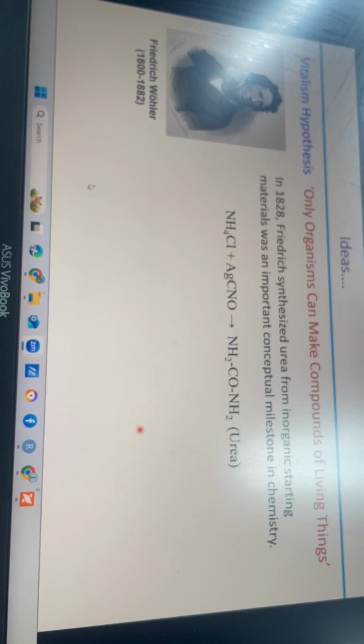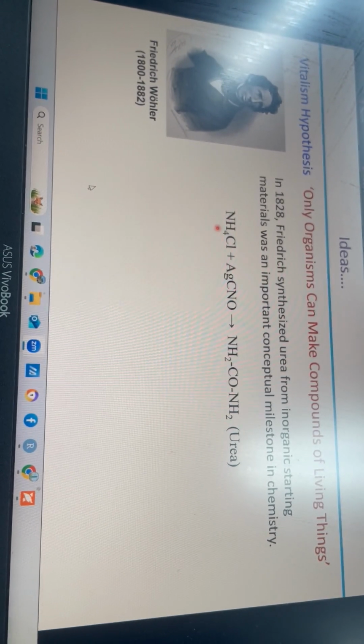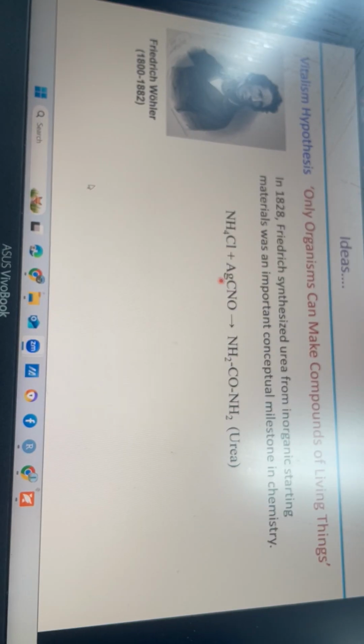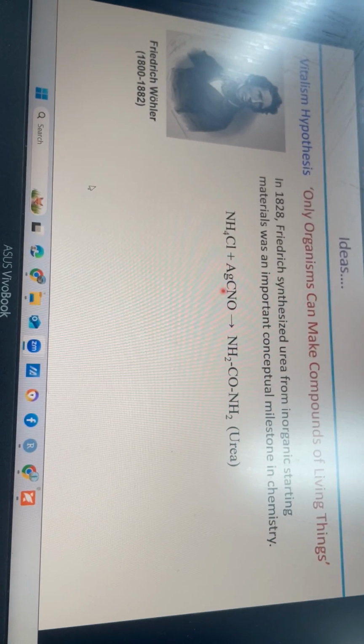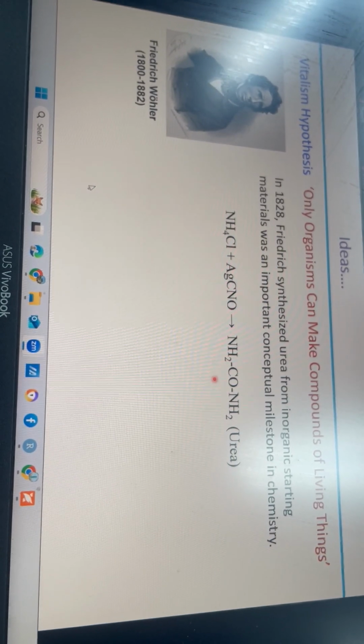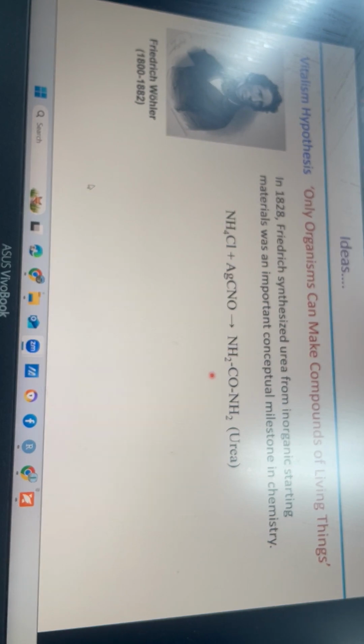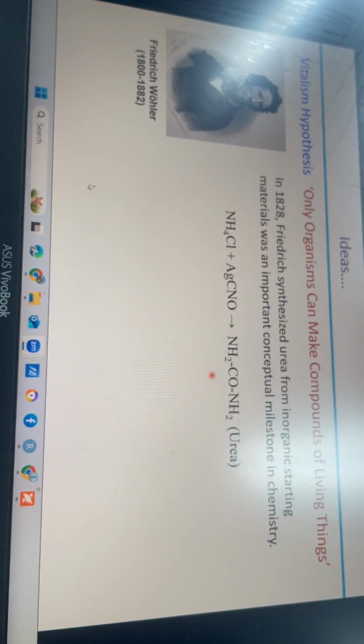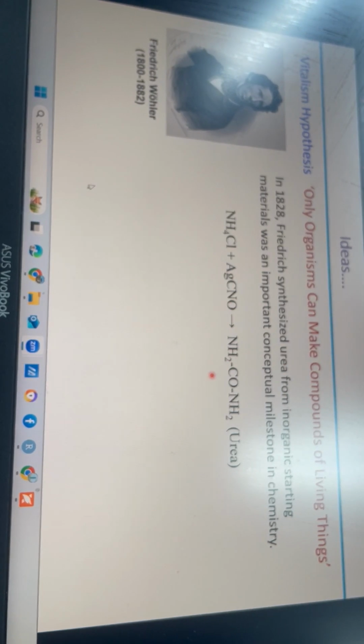And he actually put ammonium chloride and silver cyanide together, and then he created an organic or biomolecule that's called urea, because that's urea actually coming from urine. Okay, and urine is whatever the compound inside the urine, they are biomolecules that's made by our body.